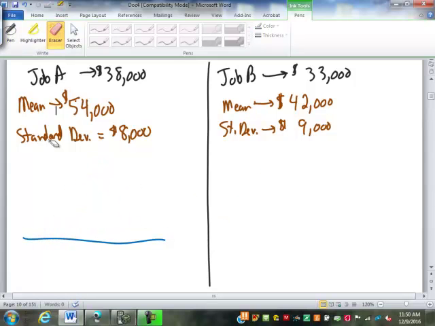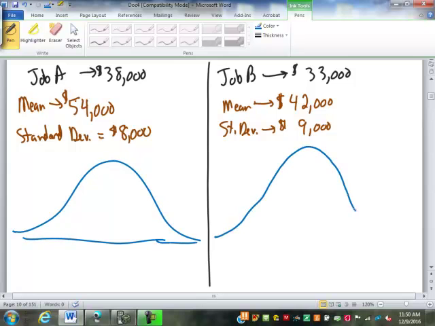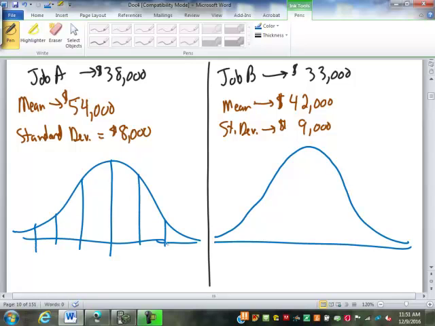Let's make that a little bigger. So in this curve, the percents are going to be the same, period. So 34%, 34%, 13.5%, 13.5%, 2.35%, 2.35%, and 0.15%, and 0.15%.